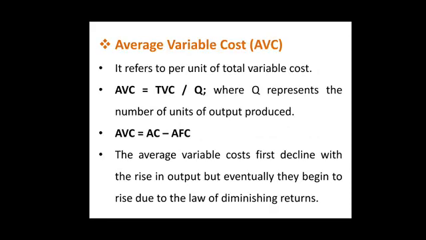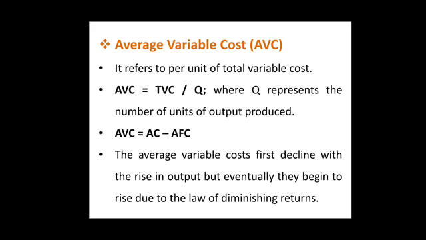Now coming to another component of average cost, which is average variable cost. Students, average variable cost refers to per unit of total variable cost. Or we can say average variable cost is the variable cost per unit of output.